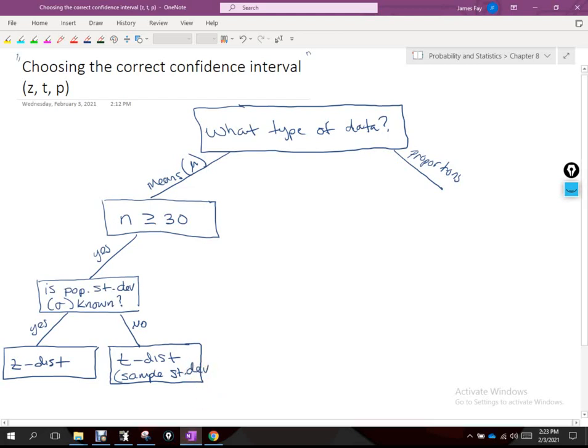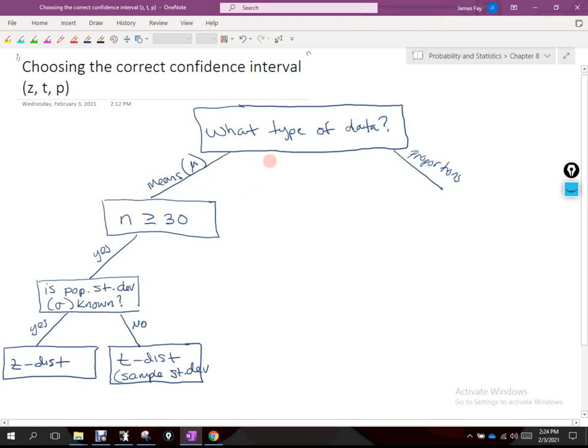That's the thing that will take place of sigma that is used in the z distribution. Okay, we're going to write the formulas here in a moment as well to make comparisons of the formulas for the z and t distributions for estimating the mean.